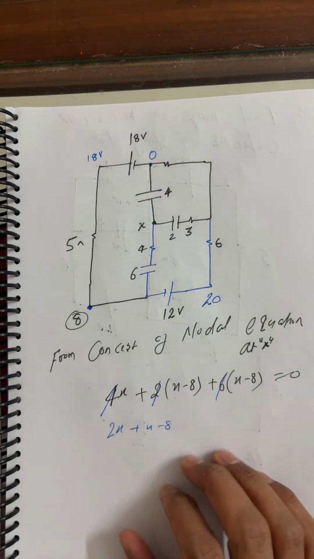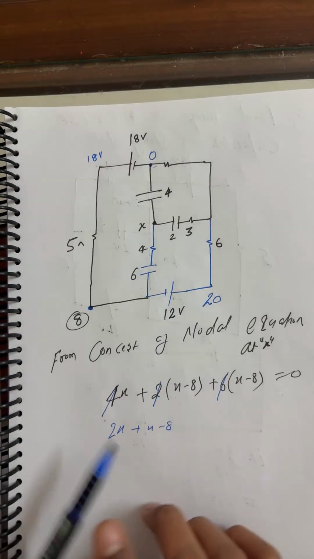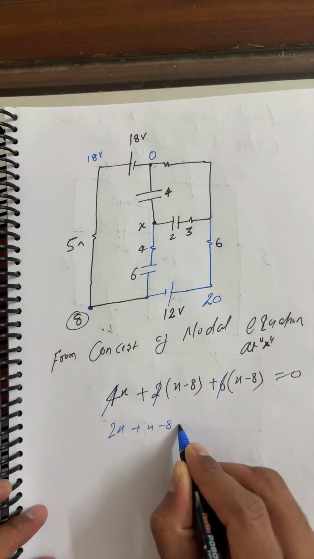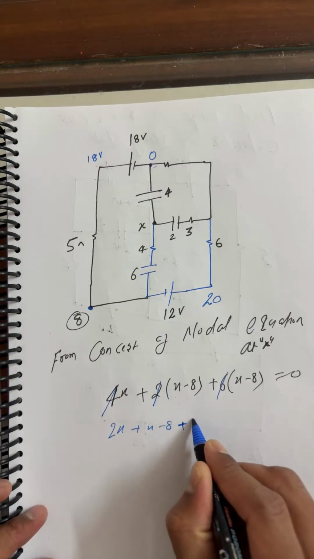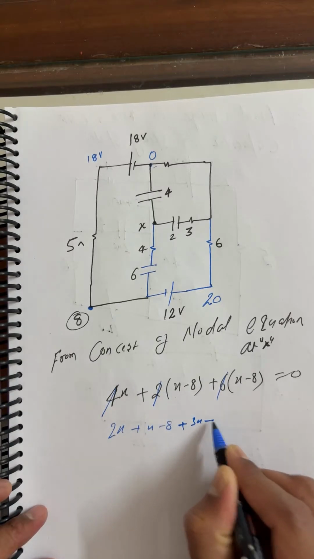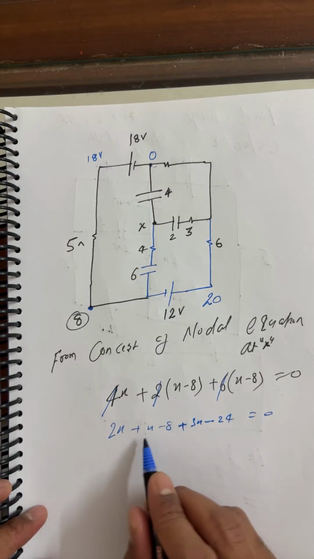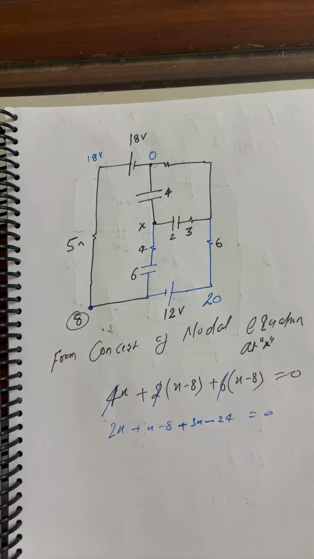Yes, student. So here, this is 2x, x minus 8 plus, this is 3x minus 24 equals 0 here. 3 to the 5 plus 1, 6x. 6x, you can see, equals 32.